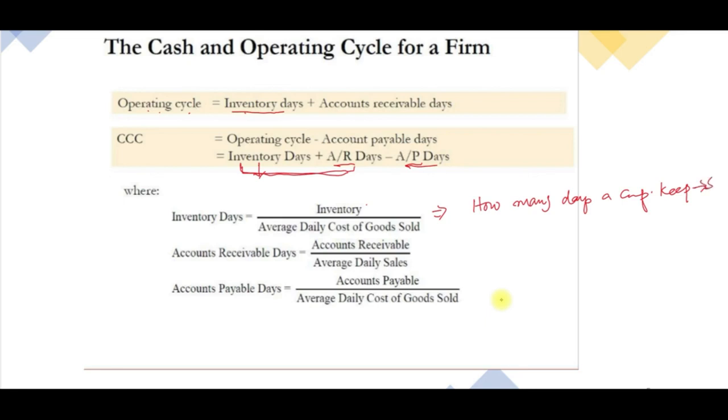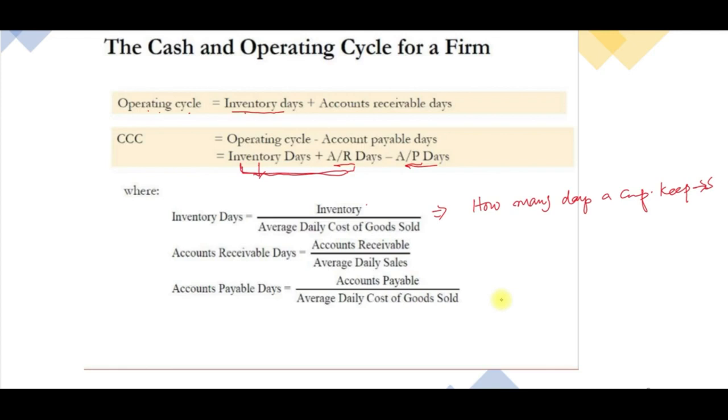So how many days is this inventory kept in the company? That is called inventory days. If the inventory days is higher, this is not a good sign. Inventory days should be shorter, meaning the company should immediately convert this inventory into sale.